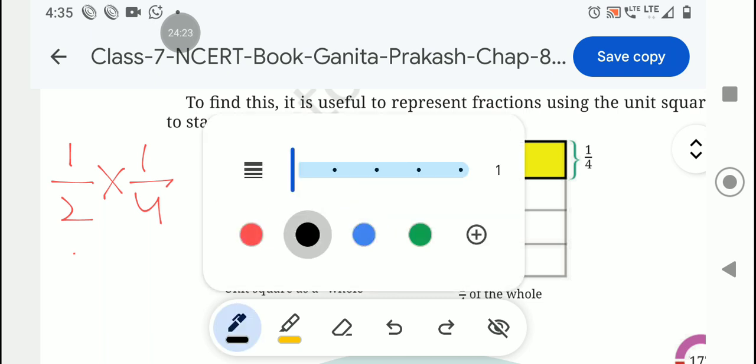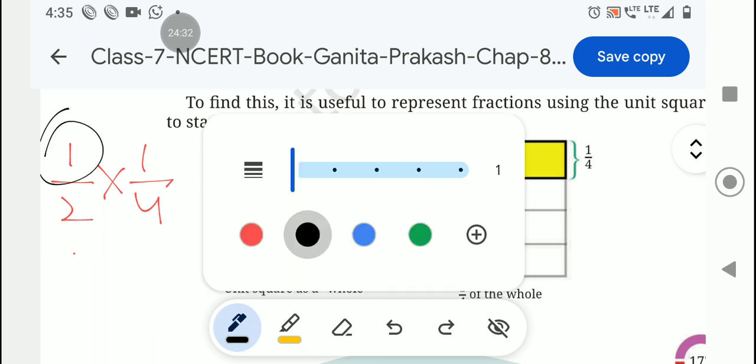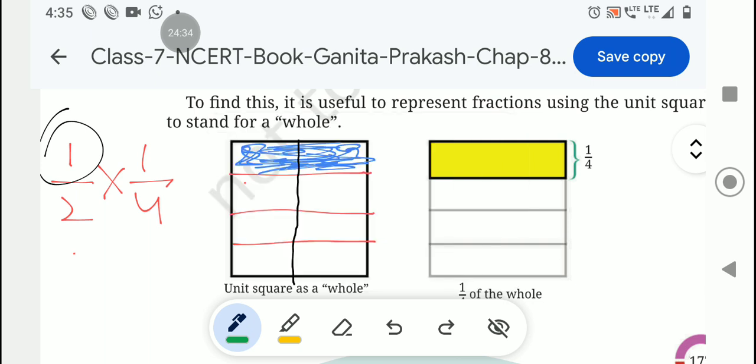Next, 1 by 2. So this is 1 by 2, now columns. So 1 we have to shade. I will shade 1 here.